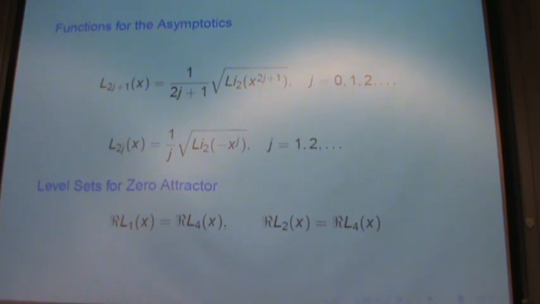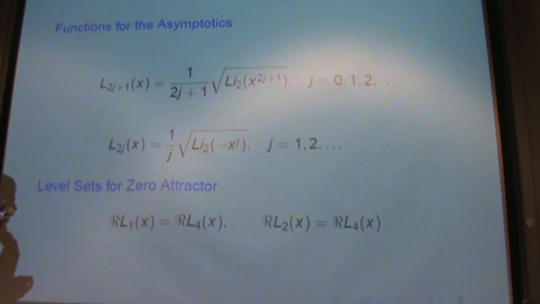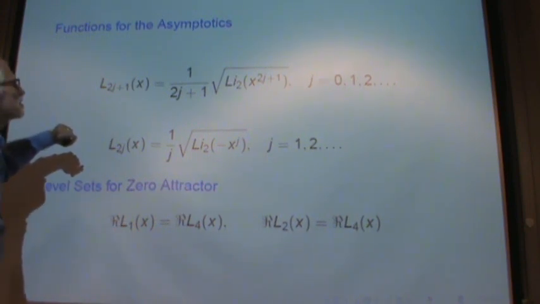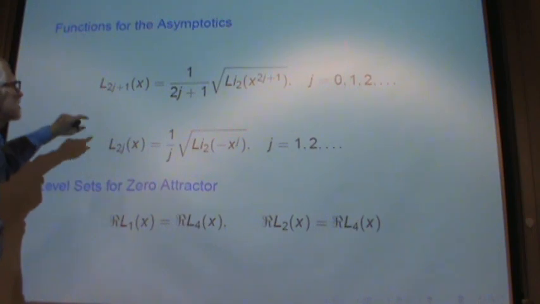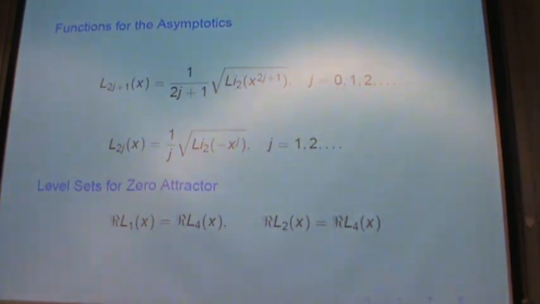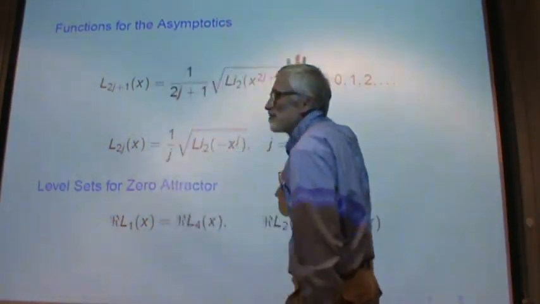And so the asymptotics are described with functions which are similar to the original partition polynomials. So there's a distinction between even and odd. So for the odd index, it's exactly what I had before.